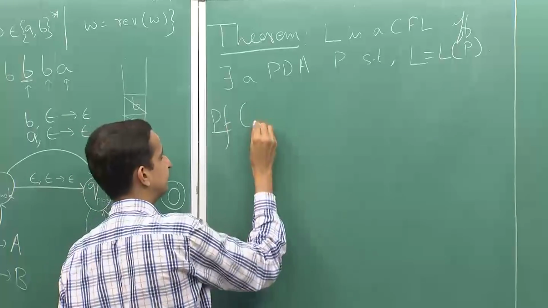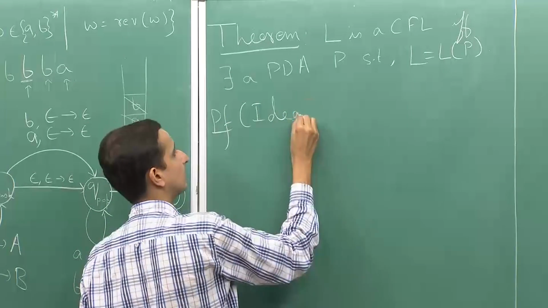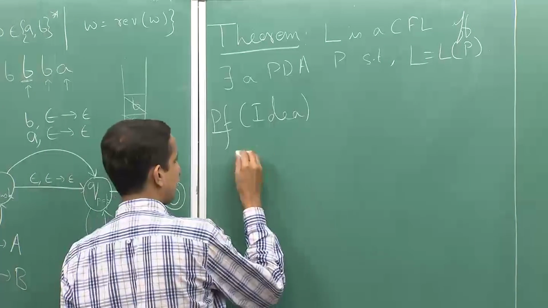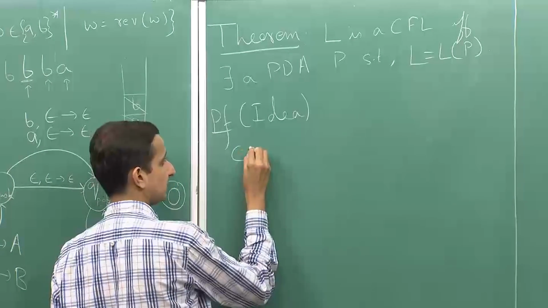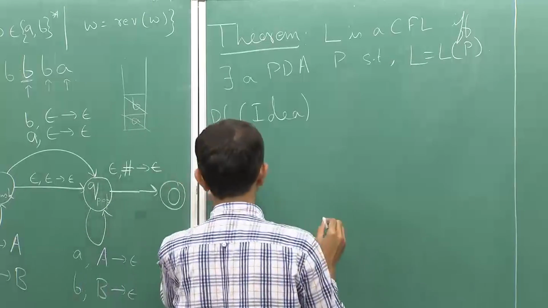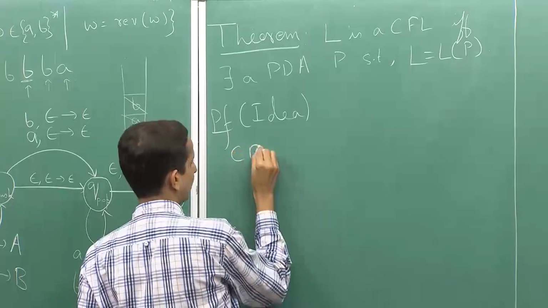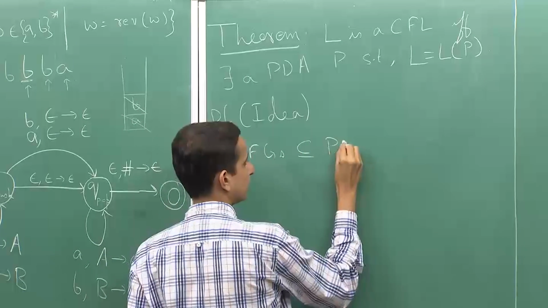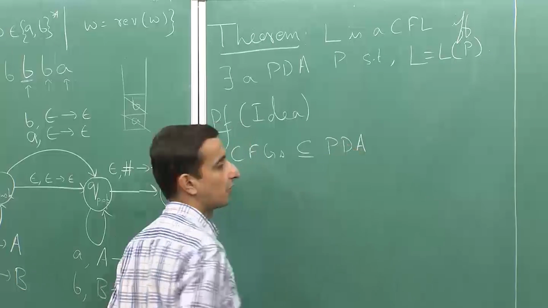So, I am just going to write this as proof idea. Let us see why the first direction, that is, context free grammars are a subset of push down automata.